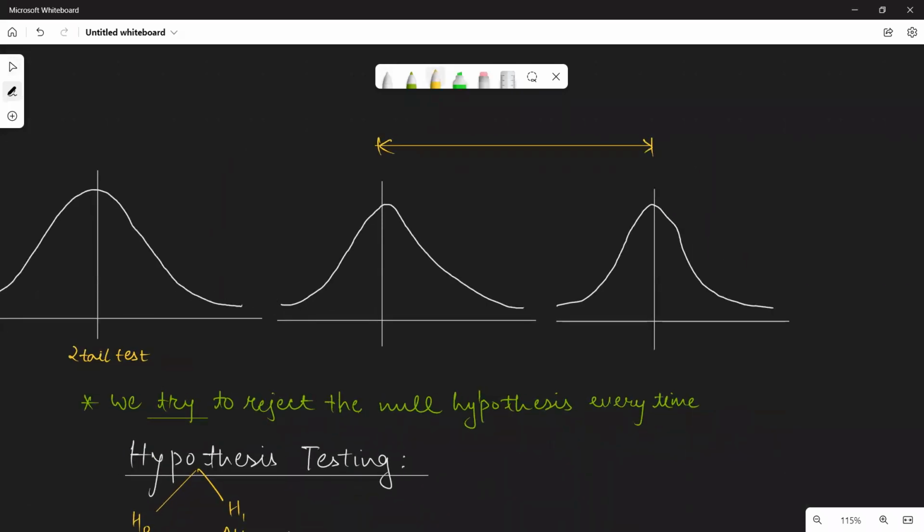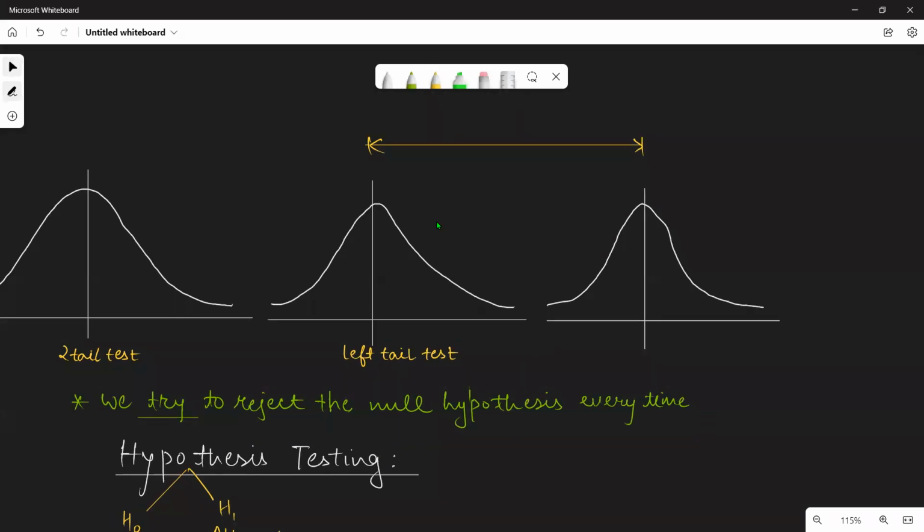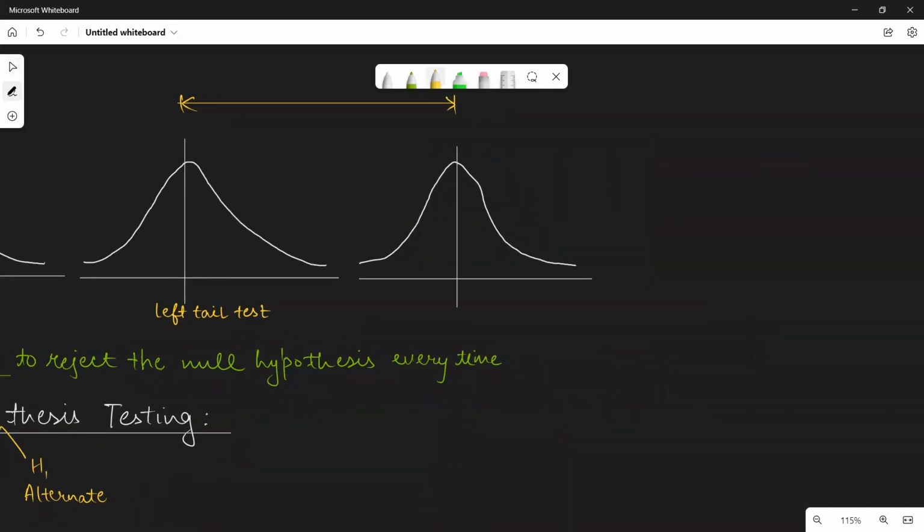So just imagine for some time: this is the left-tail test graph, and this graph is with respect to the right-tail test.